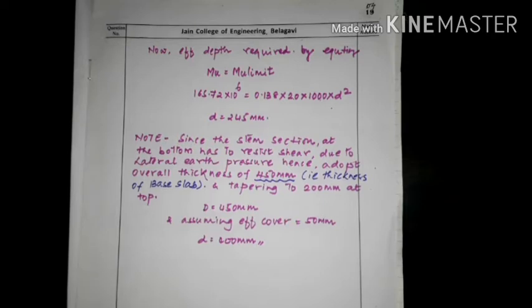I told you there are three basic components we need to design here. One is design of stem, then design of heel slab, then design of toe slab. So I had started with the design of stem.